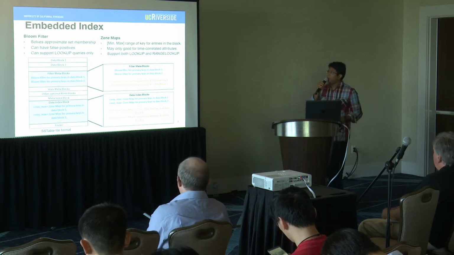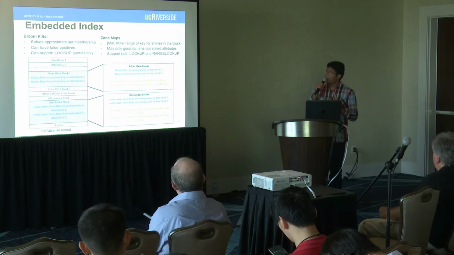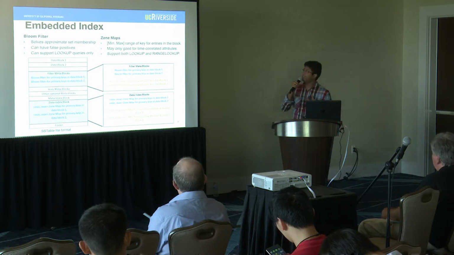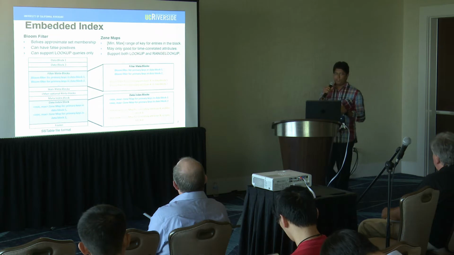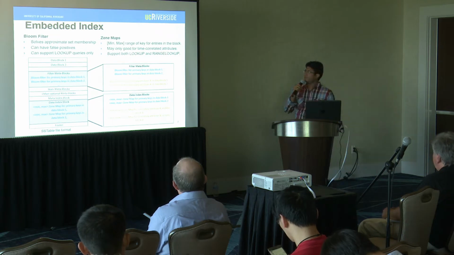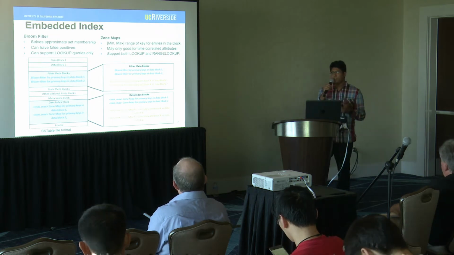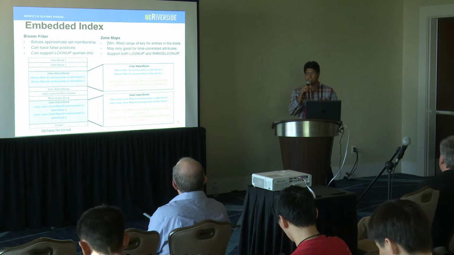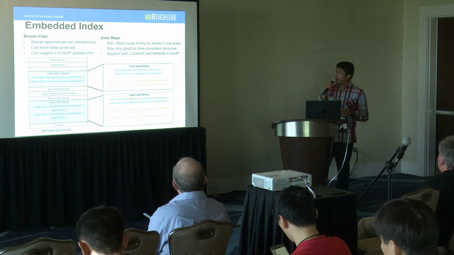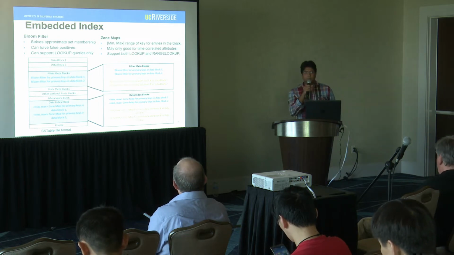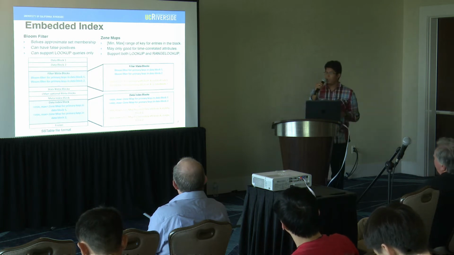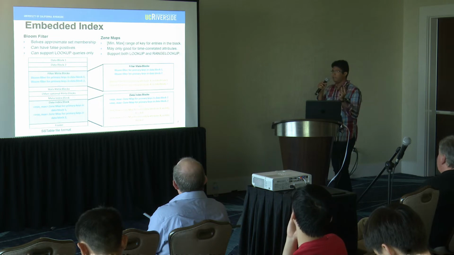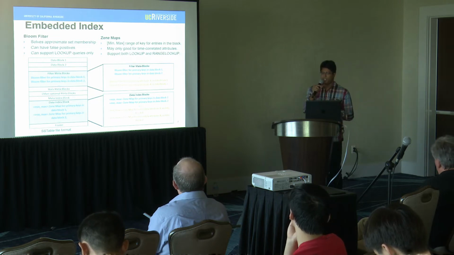Zone maps store the min-max range of keys for entries in each block, but they may only be good for time correlated attributes. By time correlated, we mean the attribute values increase or decrease with time. Also, Bloom filters can support only point lookups. They cannot support range queries. So to support embedded index, we considered them together and implemented them together.